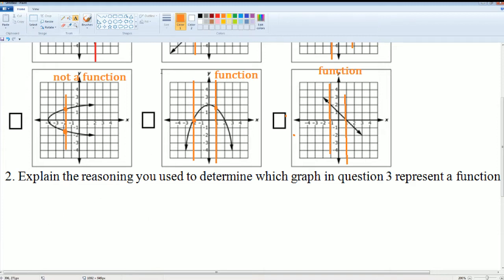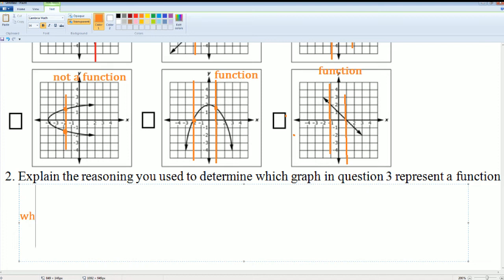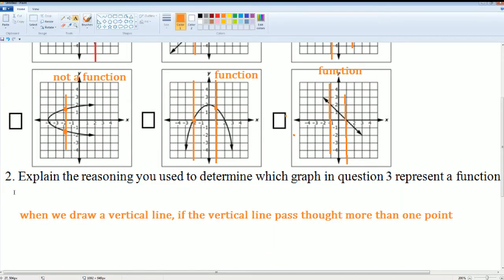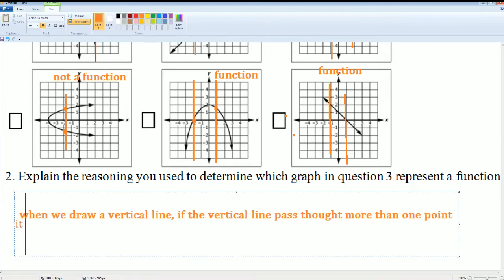We said that when we draw a vertical line, if the vertical line passes through more than one point, we will say that it is not a function.